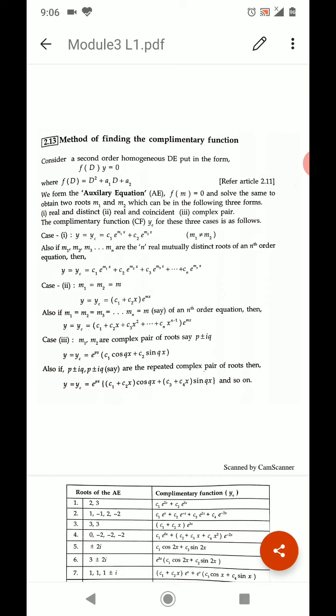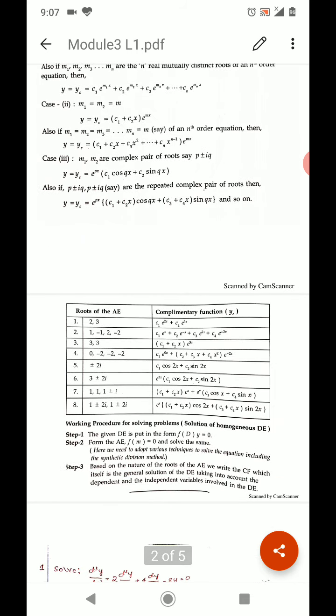Now third case, that is complex pair. If m1 and m2 are complex pair of roots of the form p plus or minus iq, then the complementary function becomes yc equal to e power px of (c1 cos qx plus c2 sin qx).